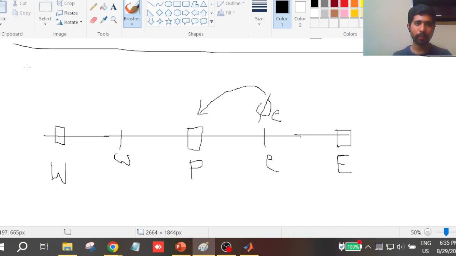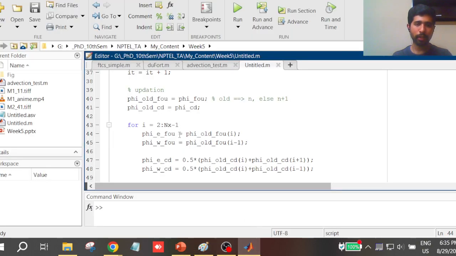Since the velocity is in the positive x direction, u equal to 1 I have written, I think, upstream will be nothing but phi at P. So that is what I have written, phi old FOU of I. This is very easy to understand, right?